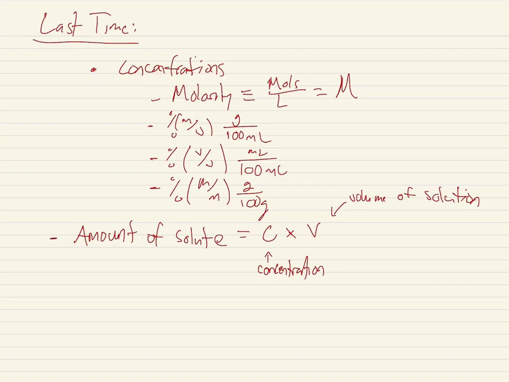Another way we could use our concentration values was we could find the volume of solution needed for a specific concentration given a certain amount of solute, right? So how would we find the volume of solution using the concentration and the amount of solute?